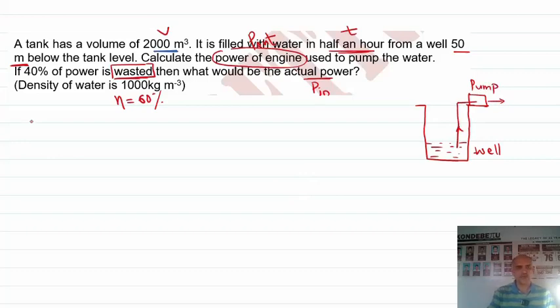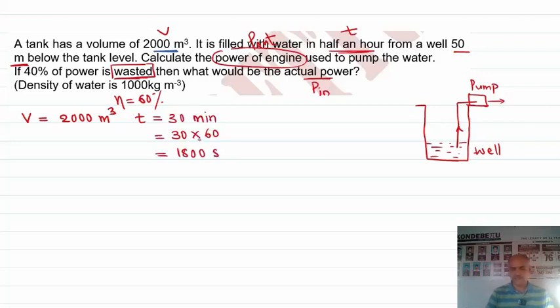So again note down all the values. V is equal to 2000 meter cube. Time he has given half an hour. Half an hour means 30 minutes. Convert it into seconds. So 30 into 60, you will have 1800 seconds.